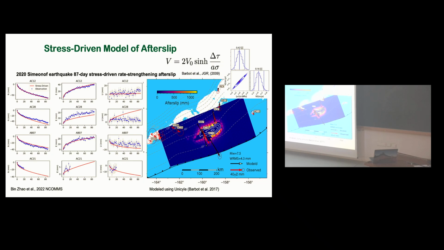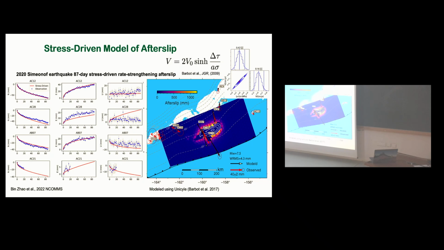So this is that equation again. Essentially, optimizing from the data to match the time series of these GPS stations, we can find the initial V0 velocity and the rate-state constant term that best matches the data.